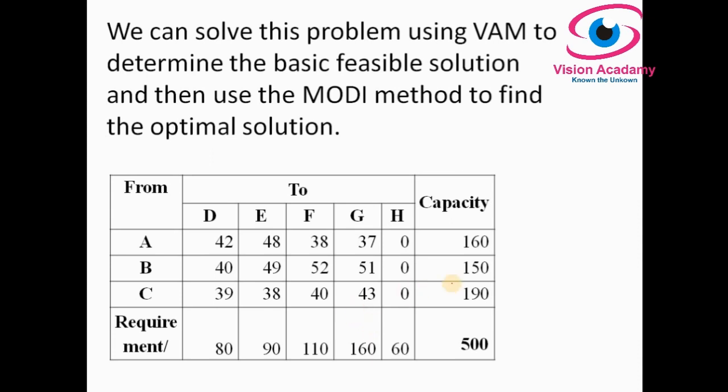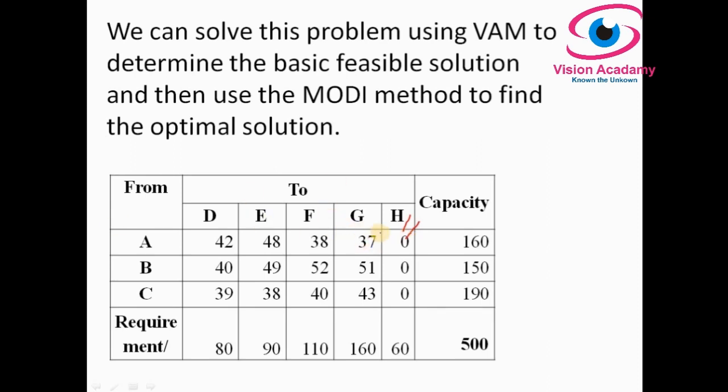If the total capacity of sources is greater or lesser than the total requirement at the destinations, then in this case the total capacity is greater than the total requirement. So I have inserted a dummy destination. For this case we have to add a dummy destination in the transportation problem with zero transportation cost.